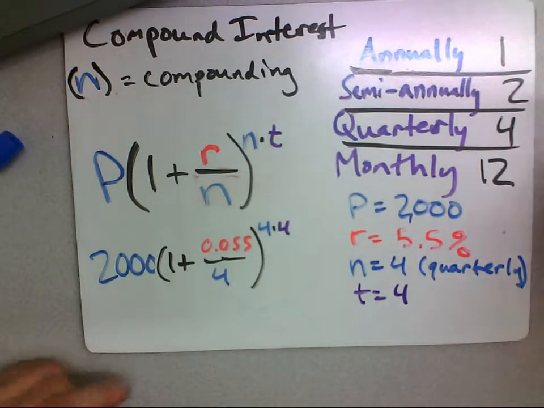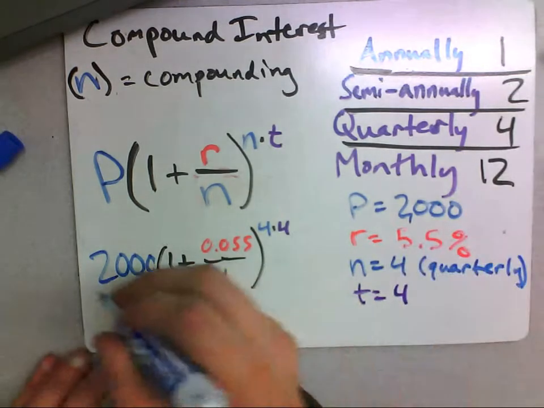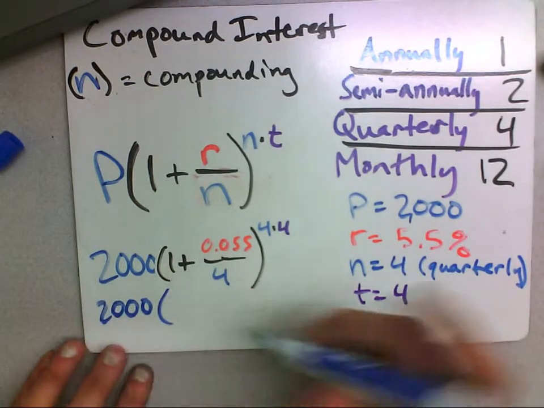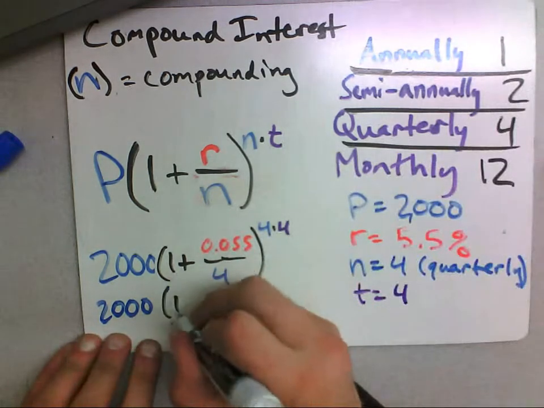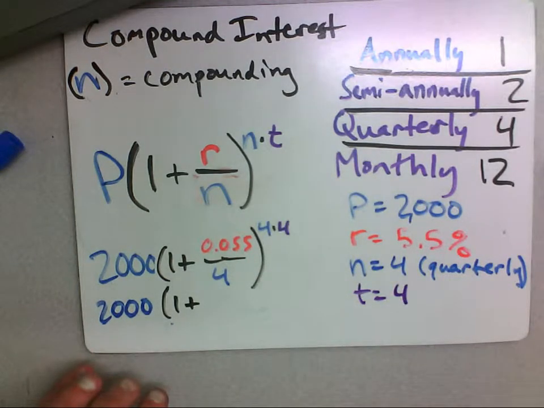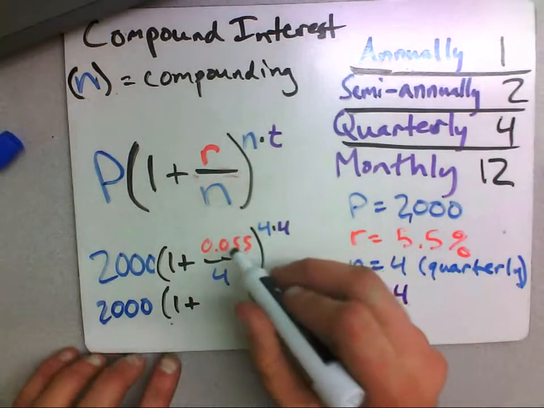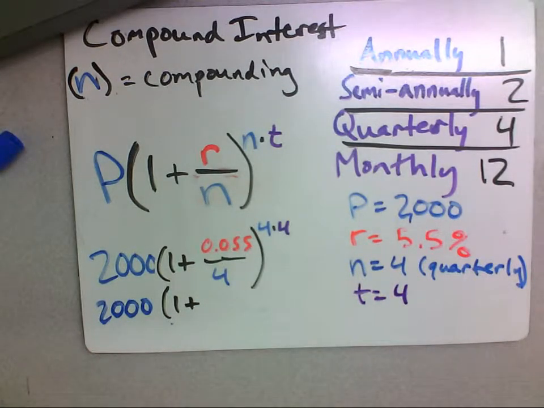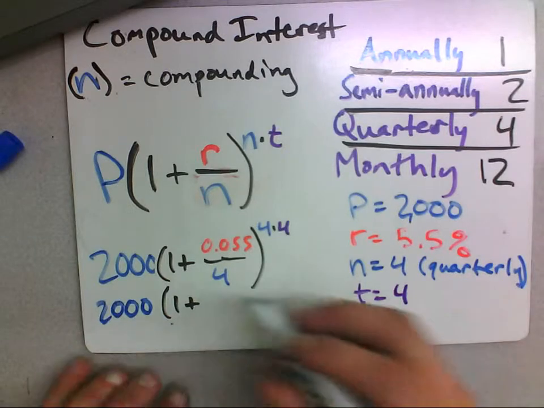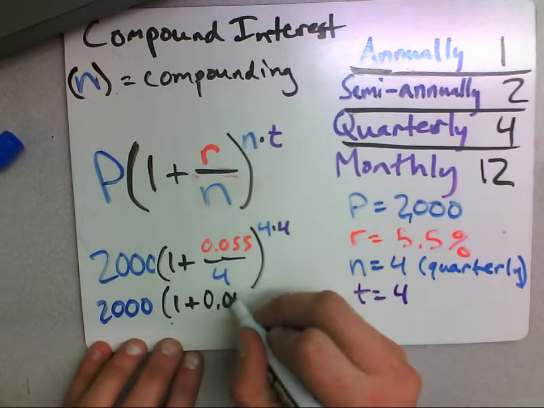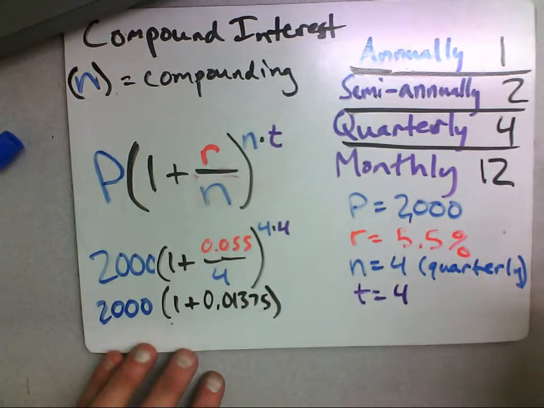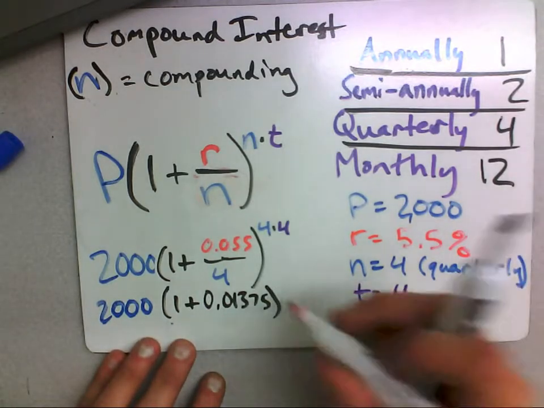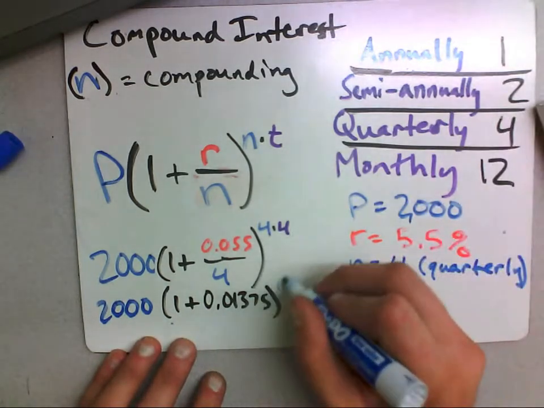Let's bring all this stuff down a little bit more. 2,000 times 1 plus 0.055 divided by 4, which is 0.01375 in this case, raised to the power of 16.